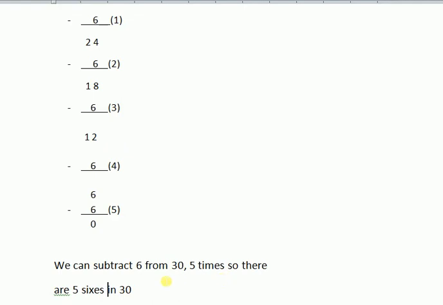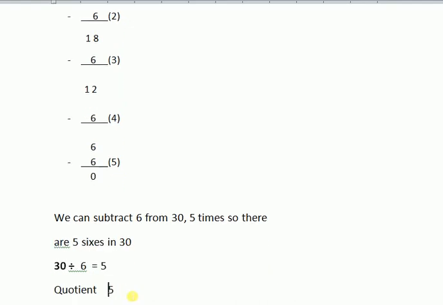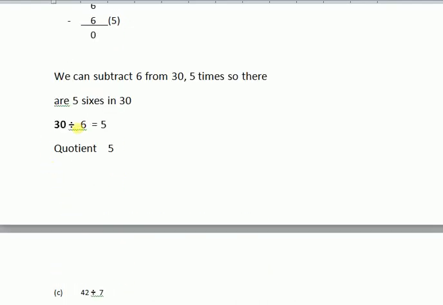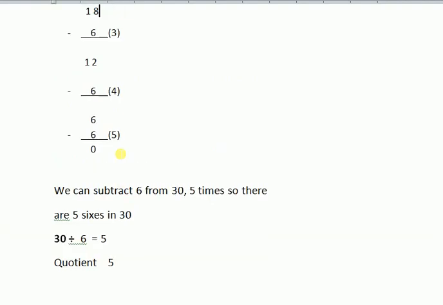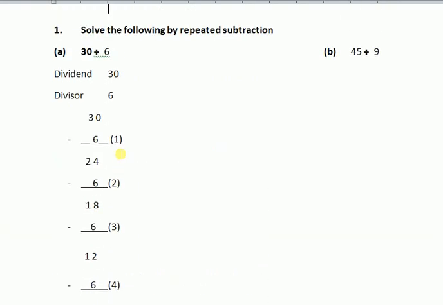So there are 5 sixes in 30. 1, 2, 3, 4, 5. There are 5 sixes in 30. 30 divided by 6 is equal to 5. So your answer is 5. This question A, we finished it.